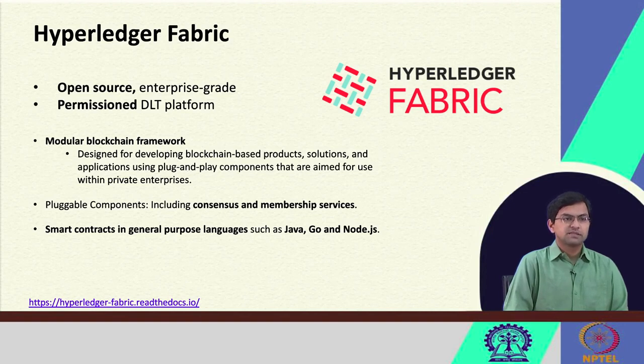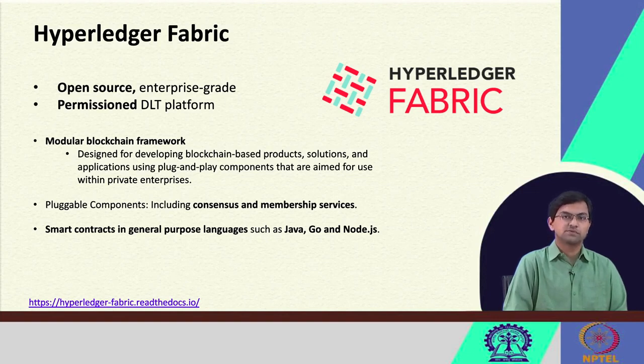This is designed for developing blockchain based products, solutions and applications, and which can be used to write your own decentralized applications with your own decentralized smart contract logics. Smart contracts can be written in Hyperledger Fabric in general purpose languages such as Java, Go, Node.js, etc. Unlike in Ethereum, where you need a specific programming language called Solidity, or there are alternatives, but these are very specific to Ethereum.